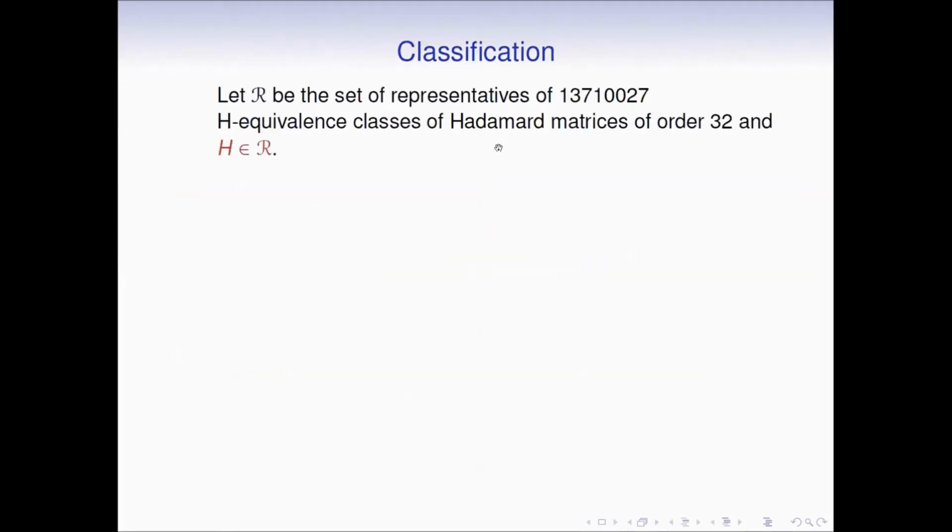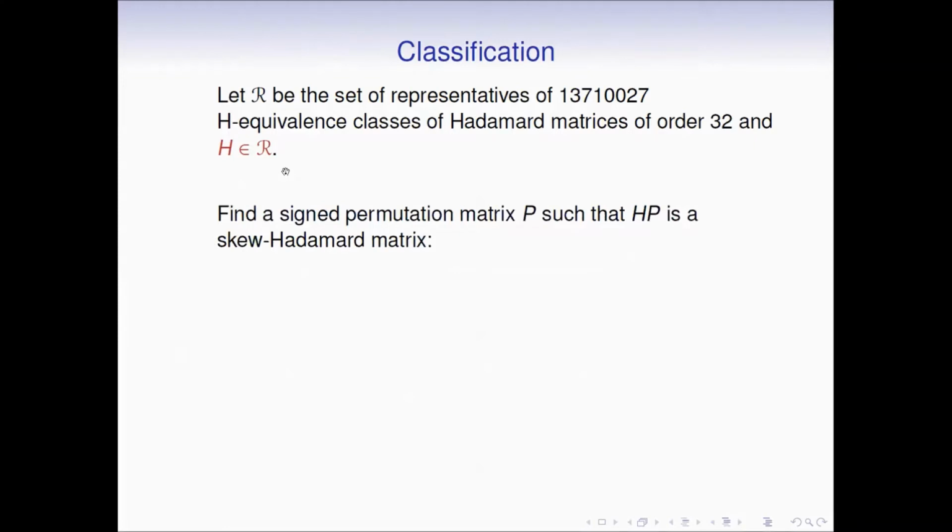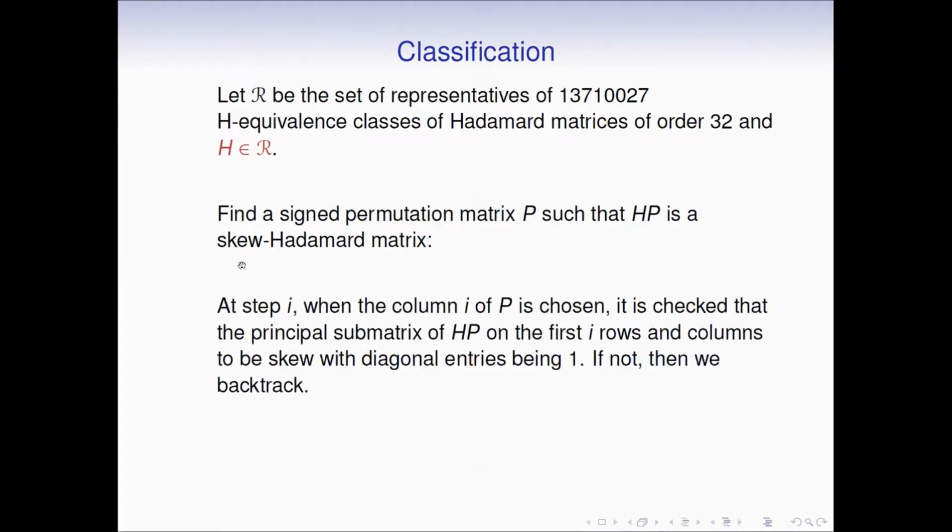So here is a classification process. Let R show the set of representatives of all these classes in order 32, and take a class that H belongs to R. We try to find the sign permutation matrix P such that HP is a Skew-Hadamard. For this, we construct this sign permutation matrix column by column.